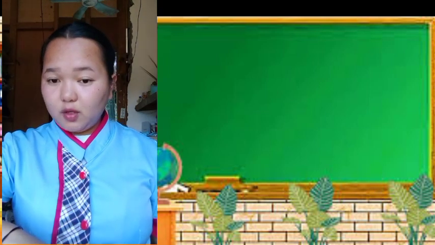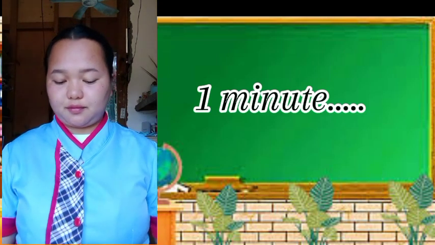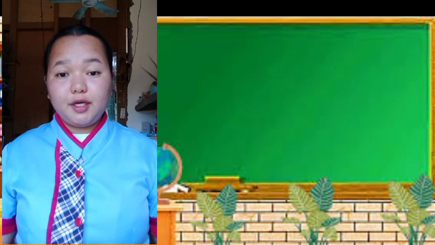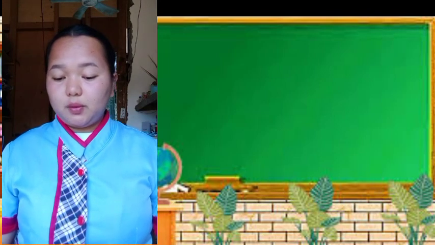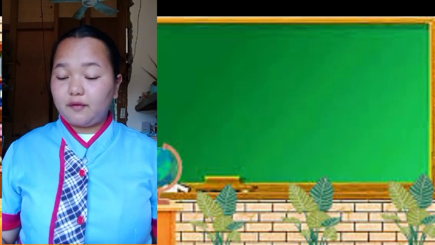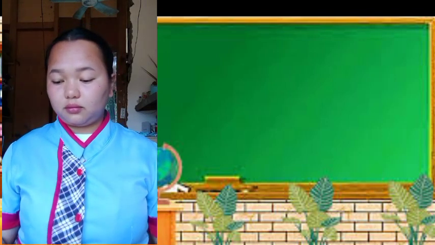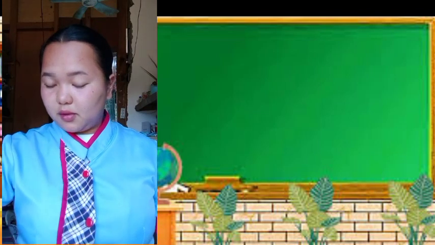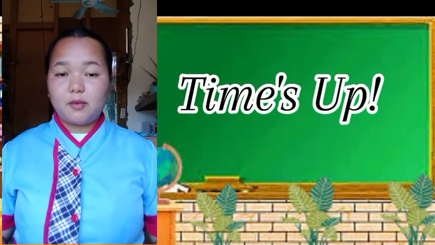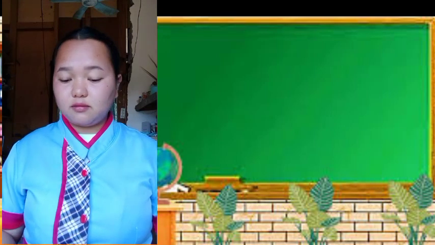I will give you 1 minute to finish your work. After you finish, you will explain it in front of your classmates. Okay, time's up. Ball pens up. You may now take it down.